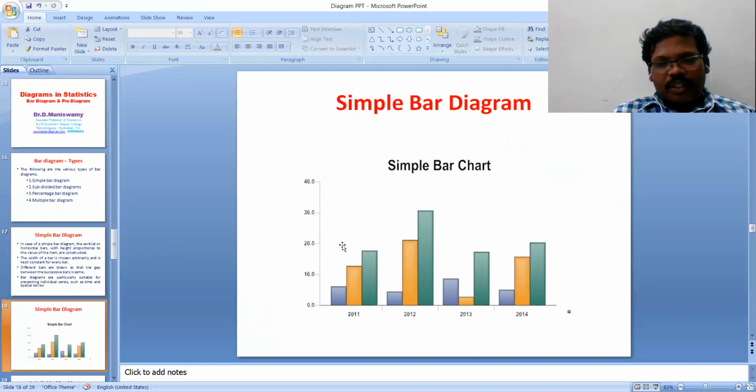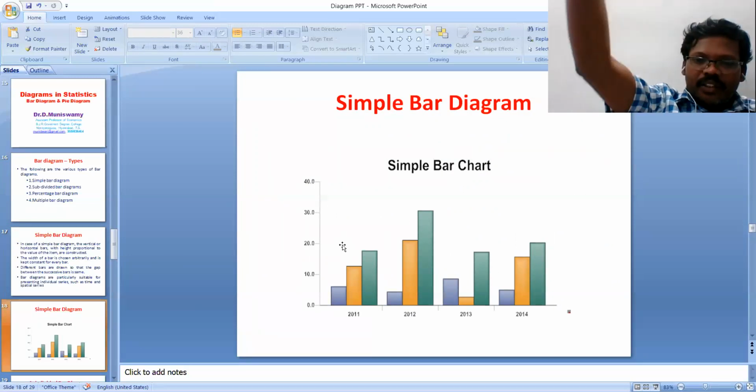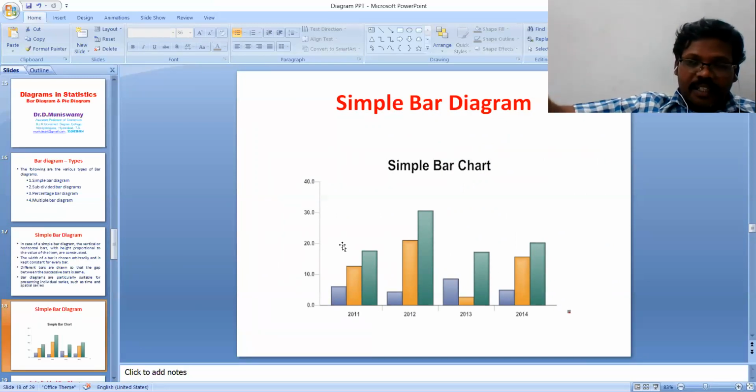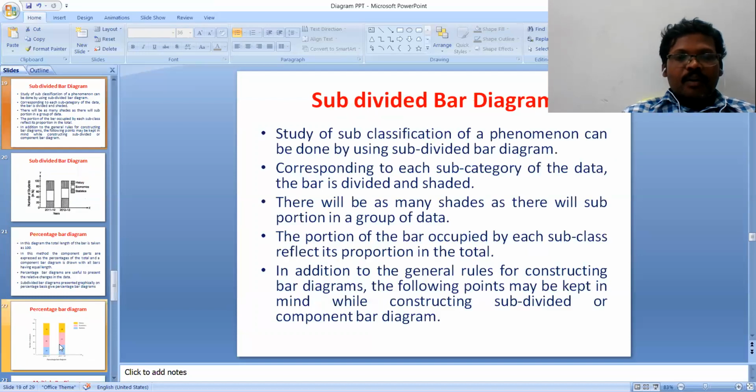Like in 2013, 14, like that, every year we can see the values. Each and every value is different, and they are not at all related, X with Y. This is the simple bar chart, and we can always see it like this for the explanation. That is one category.